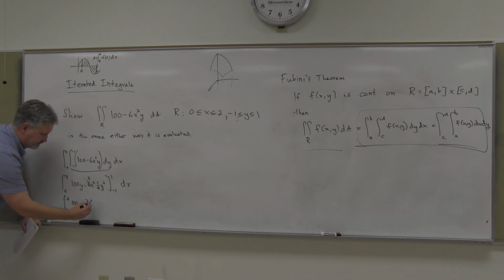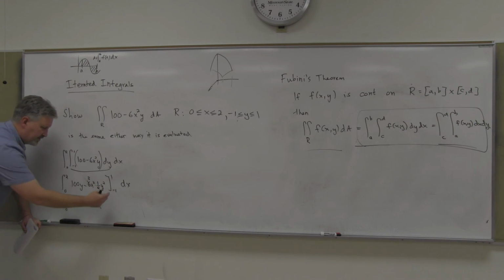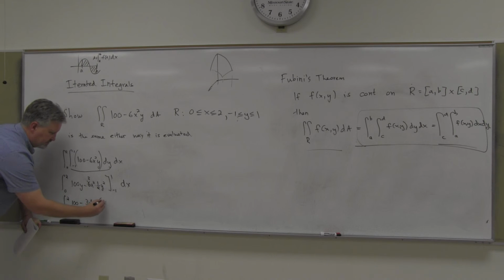Then plug in -1, so that's -100 minus 3x squared, but -1 squared is still 1.